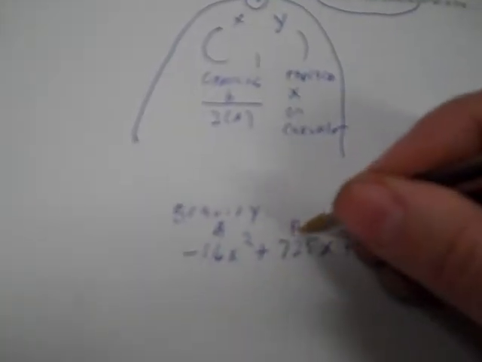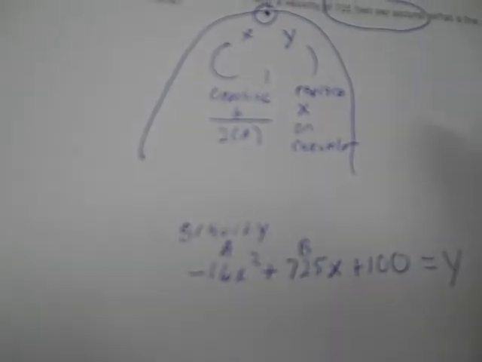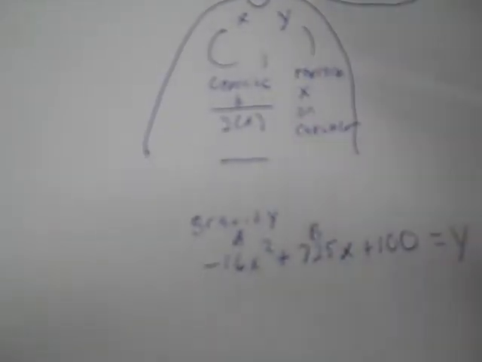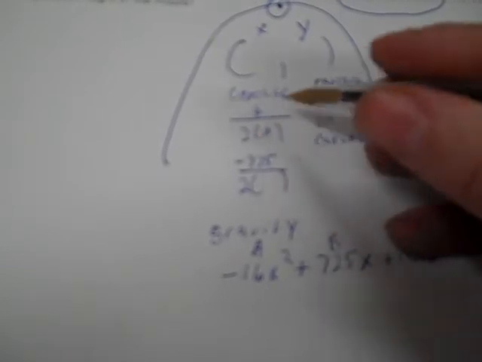Now, remember, a is in front of the x squared and b is in front of the x to the first power. Okay, so now I come up here, and the opposite of b, opposite of plus 725, is negative 725, and then I multiply the 2 times whatever a is, 2 times a.